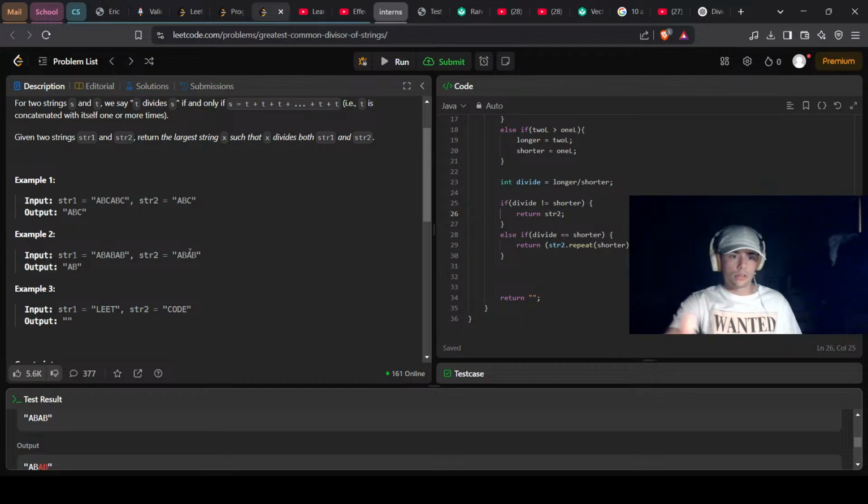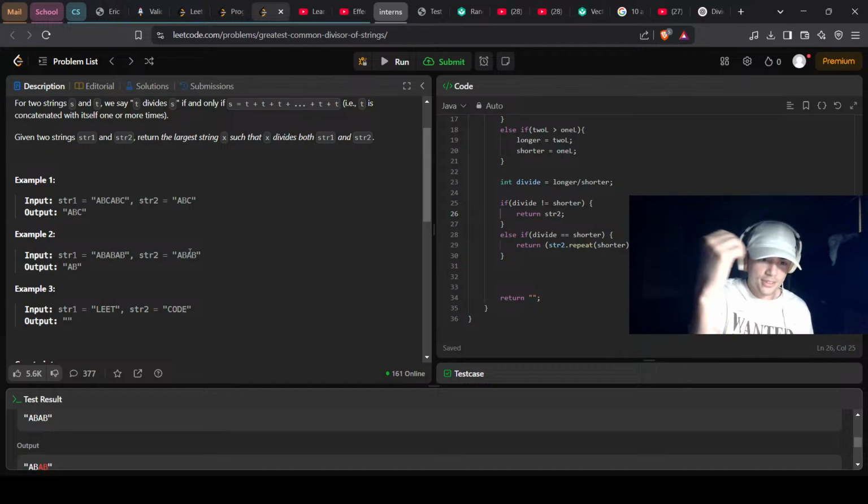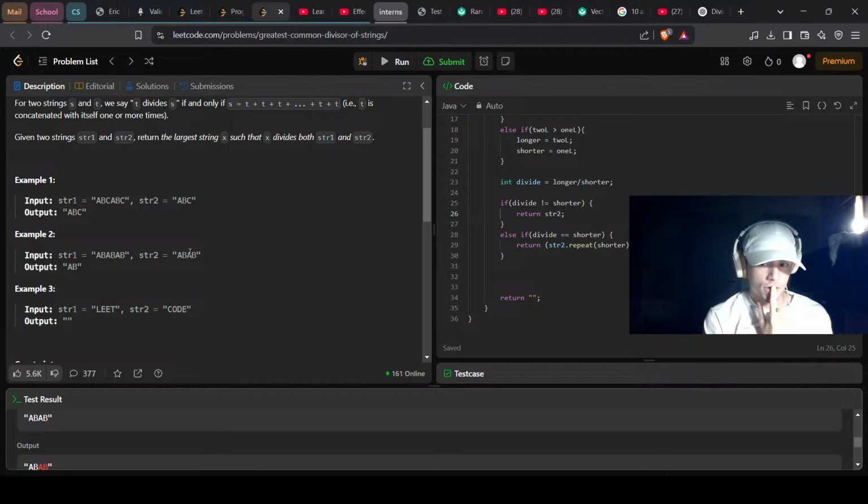No, it only ever goes into itself once. Right? Oh, now I'm confused. A, B, C, but it only goes to the C ones. A, B, A, B, A, B, A, B. Oh, it's only ever going to go into itself once. There's never going to be a time it goes into itself twice. Right? So that means we always return.